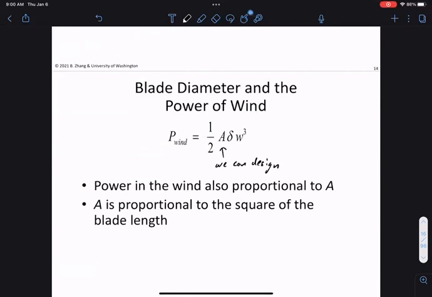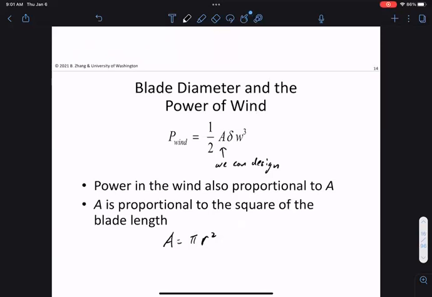You pick a site, and the wind speed is whatever the wind speed is. The area you sweep out is determined by the size of the turbine you build. Since we trace out a circle, this is pi r squared, so it's a square of the size of the blade.